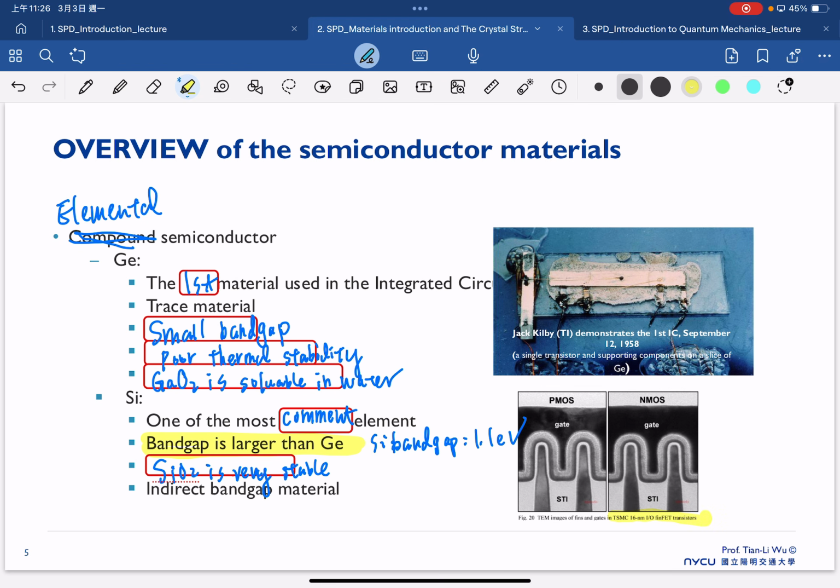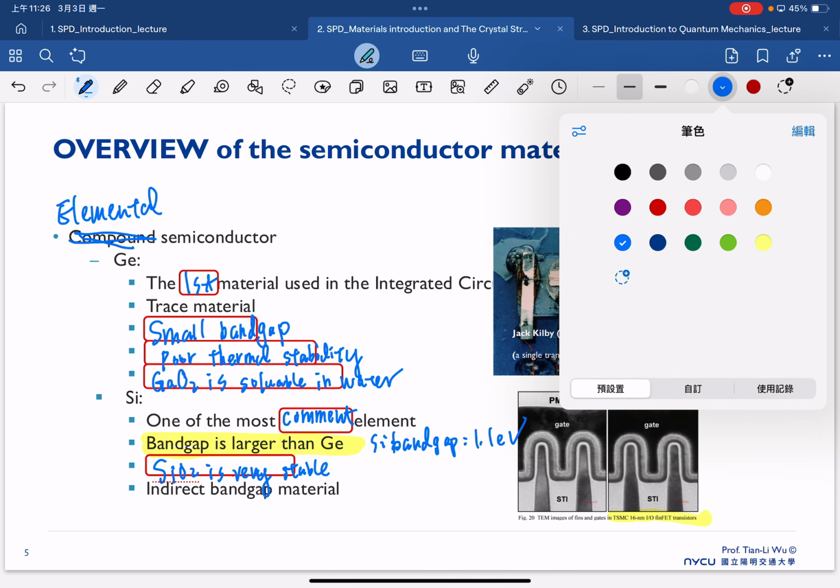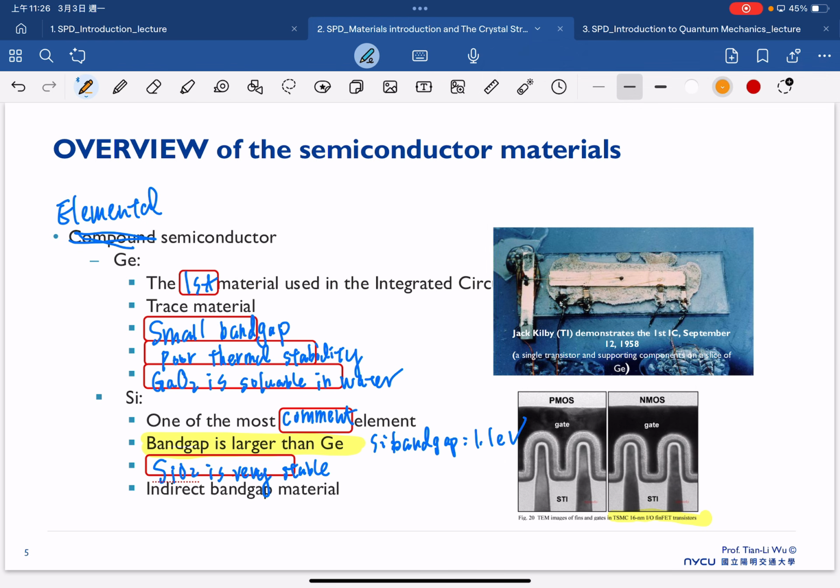And the dielectric SiO2 is here. So you can clearly see that we need a very good dielectric that can be used for the MOSFET structure or even for FinFET, and this dielectric needs to be very stable.